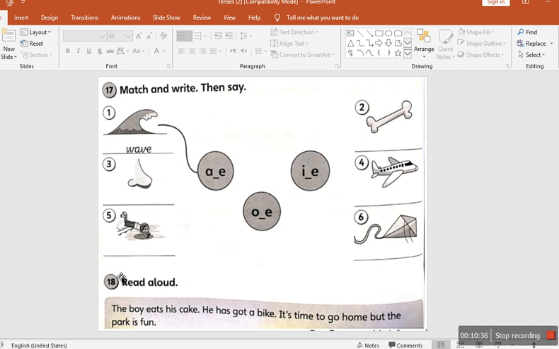And here with activity 18, all you have to do is to read this and pay attention to the long vowels. Yeah, I'm going to give you half a minute, less than a minute to read this.